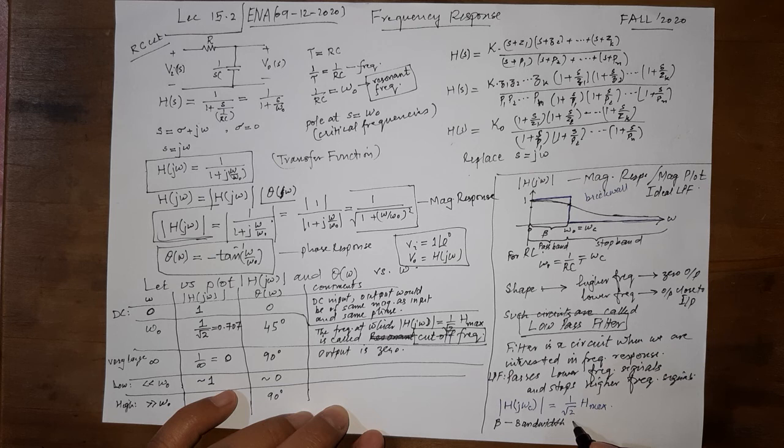It is defined as, for a low pass filter, beta equals omega c, because the pass band extends from 0 to omega c, and the stop band extends from omega c to infinity.